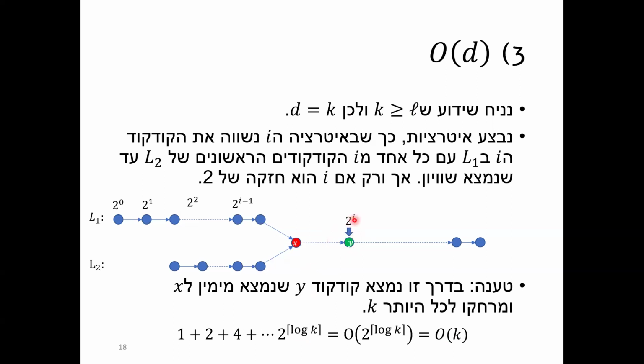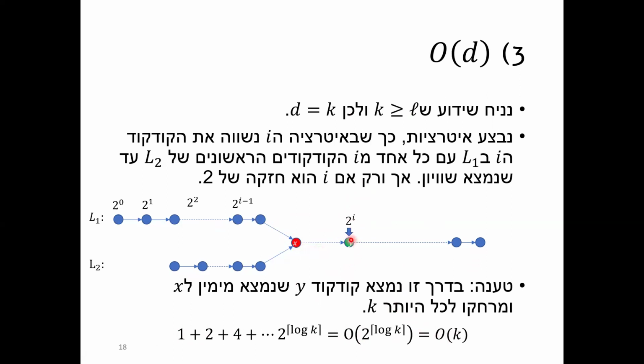I is log k rounded up. I'm sorry, this is just the runtime. The runtime is 1 plus 2 plus 4 plus whatever plus 2 to the power of i. And this i is log k rounded up, because this is the distance k. Log k would be exactly here, but we're checking the natural number, so we check 2 to the power of log k rounded up, which would be this element. So the total runtime is O of 2 to the power of log k, which is O of k. So the runtime of this part of the algorithm is O of k.